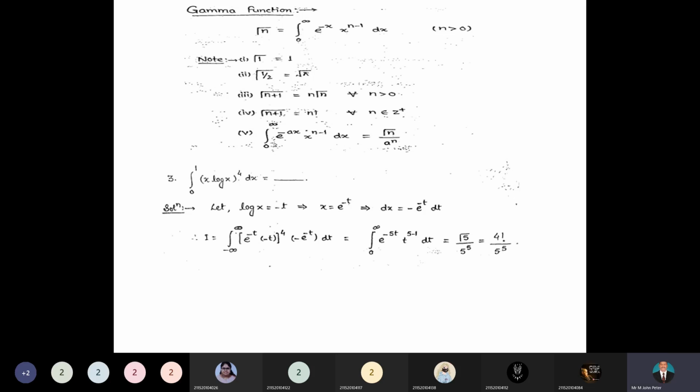Inside, we have to replace the function instead of x in the form of t. That is log x as minus t. So that is x log x power 4 we are getting: e power minus t into (minus t) power 4 and minus e power minus t dt, like that we are getting.